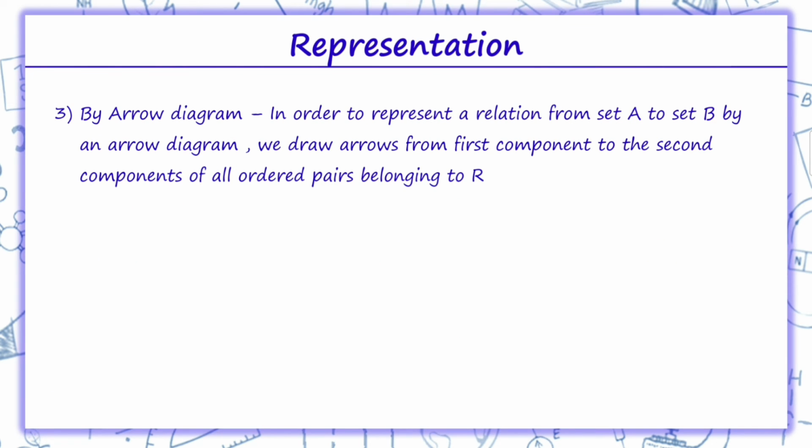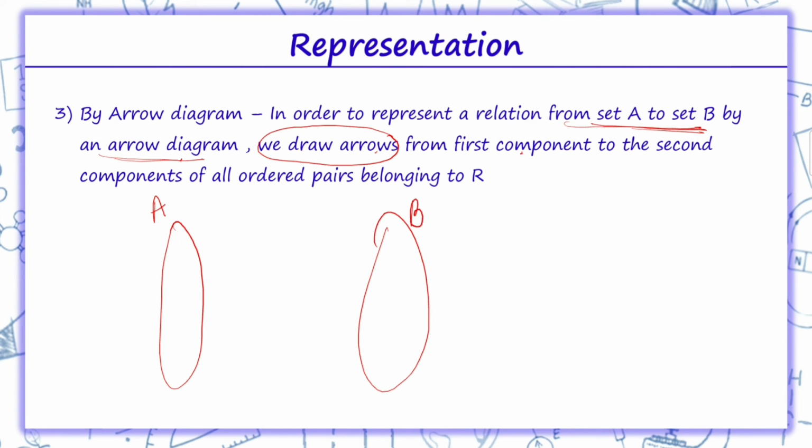The third representation is by arrow diagram. In order to represent a relation from set A to set B by an arrow diagram, we basically draw arrows from the first component to the second component of all the ordered pairs. Let's suppose this is set A and this is set B. Set A consists of 1, 2, 3, 4, 5.